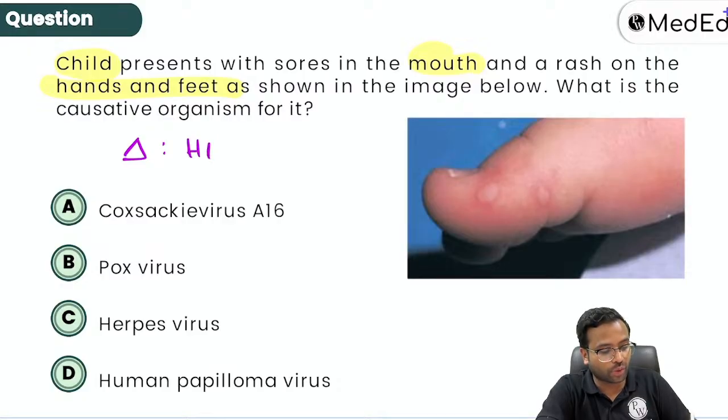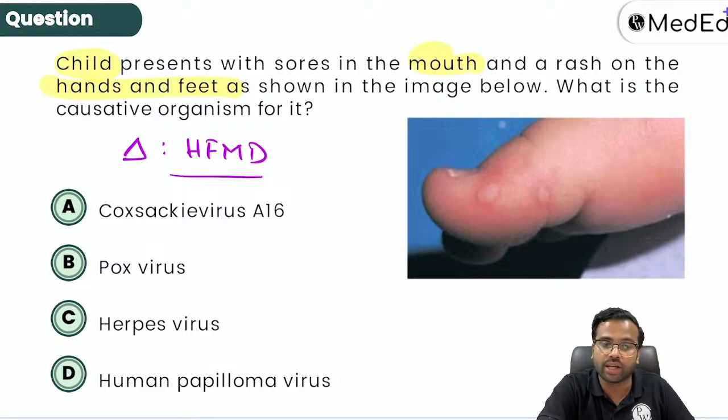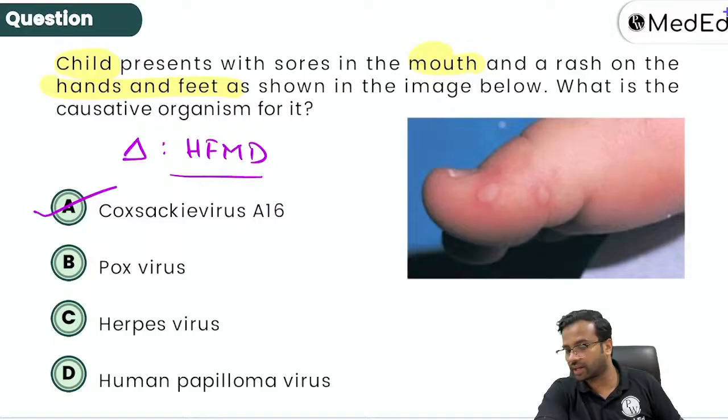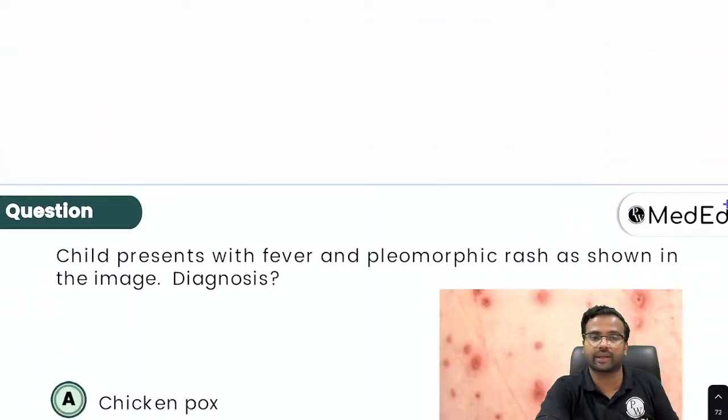Because you have understood that it is going to be hand, foot, mouth disease, right? HFMD. And what is the most common organism that causes HFMD? It should be a virus, and the name is Coxsackie virus A16. Excellent. I hope all of you are getting it right.